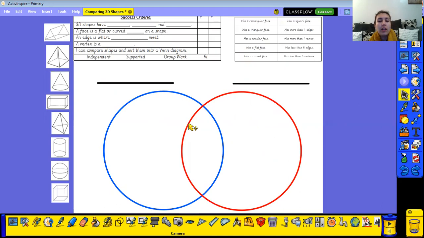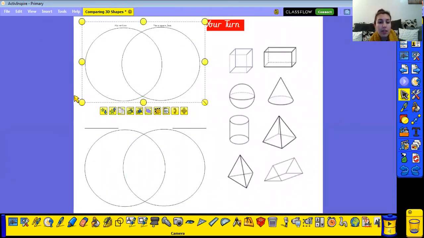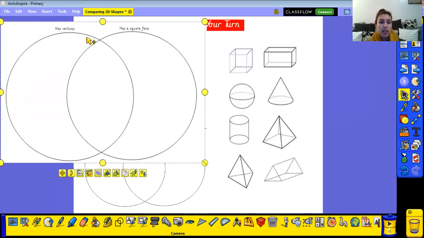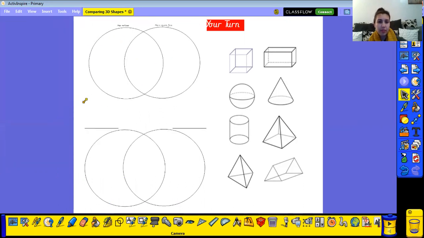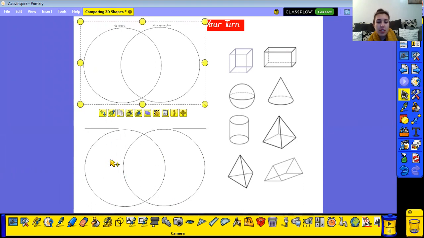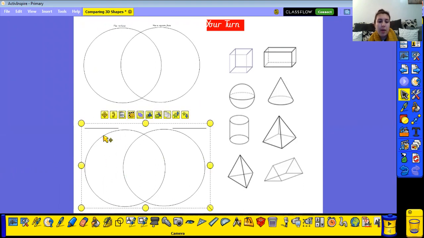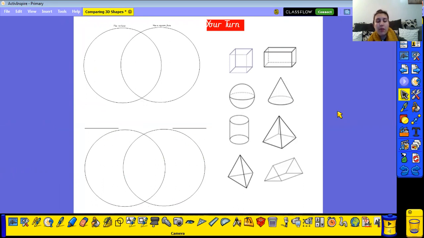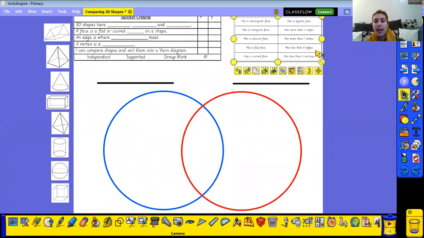Now, in terms of the challenges, you can either do the 1-star challenge, where those are already filled in for you here. You can see there, I have chosen the names of those categories for you. This one is has vertices, this one is has square faces. Or if you want the 2-star challenge, you can use the Venn diagram that has the categories blank for you to label.